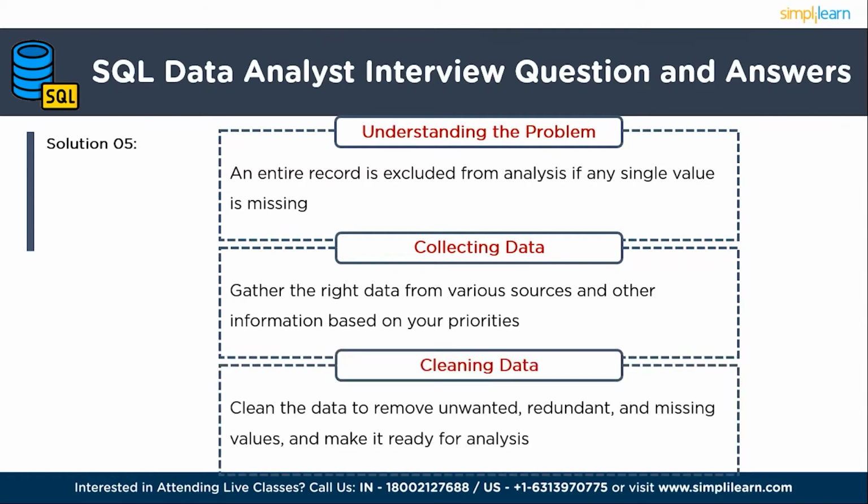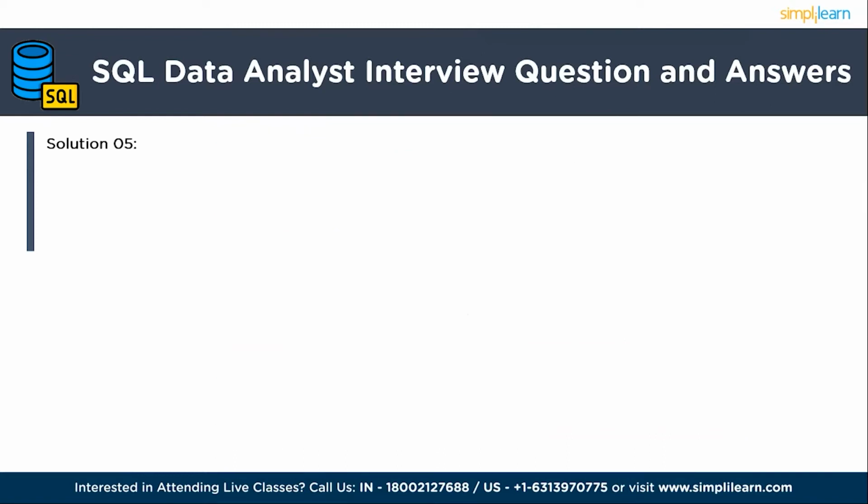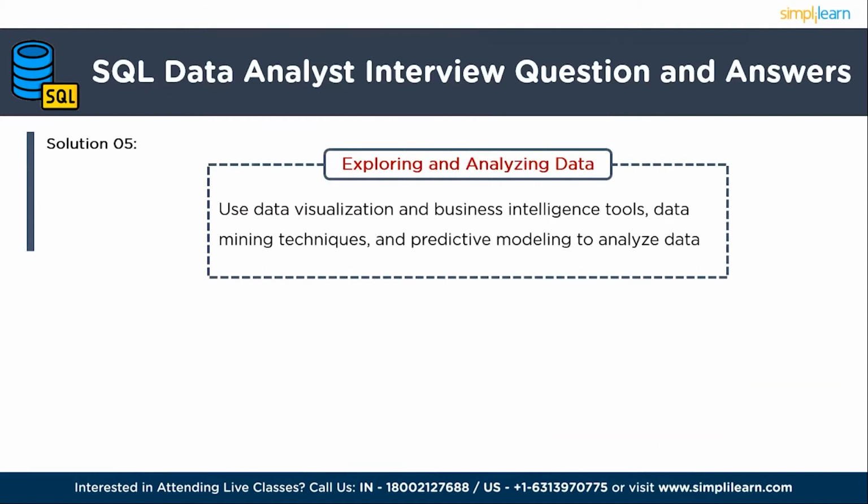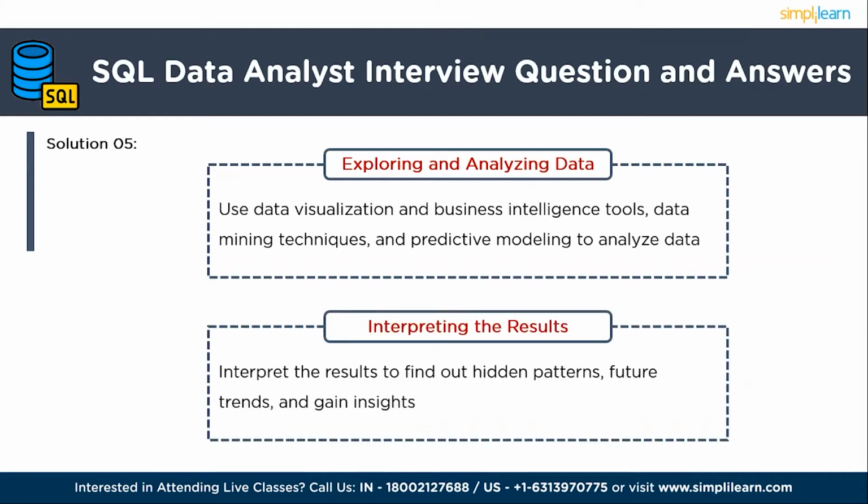Then cleaning data: clean the data to remove unwanted, redundant and missing values and make it ready for analysis. Then we have exploring and analyzing data: use data visualization and business intelligence tools, data mining techniques and predictive modeling to analyze data. And then interpreting the results: interpret the results to find out hidden patterns, future trends and gain insights. So this was all about the various steps involved in any analytics project.